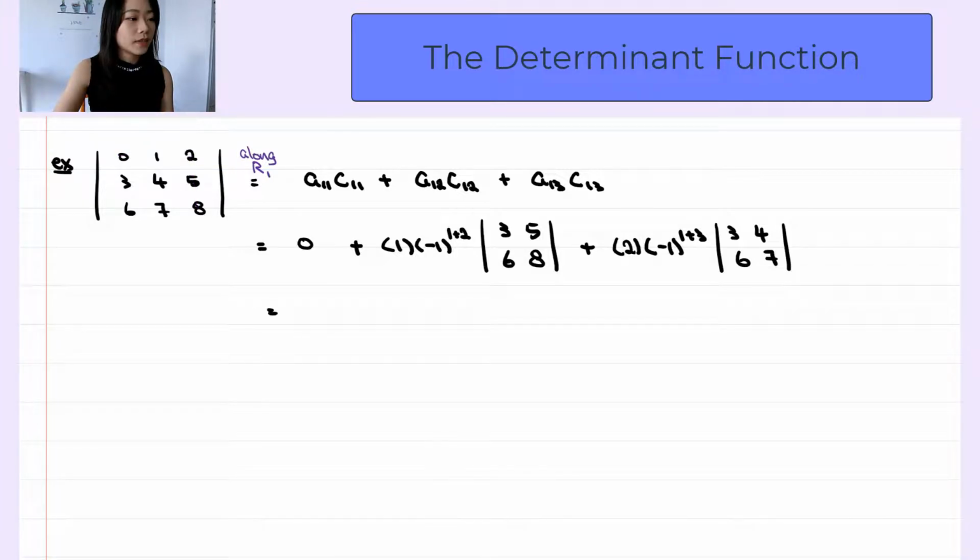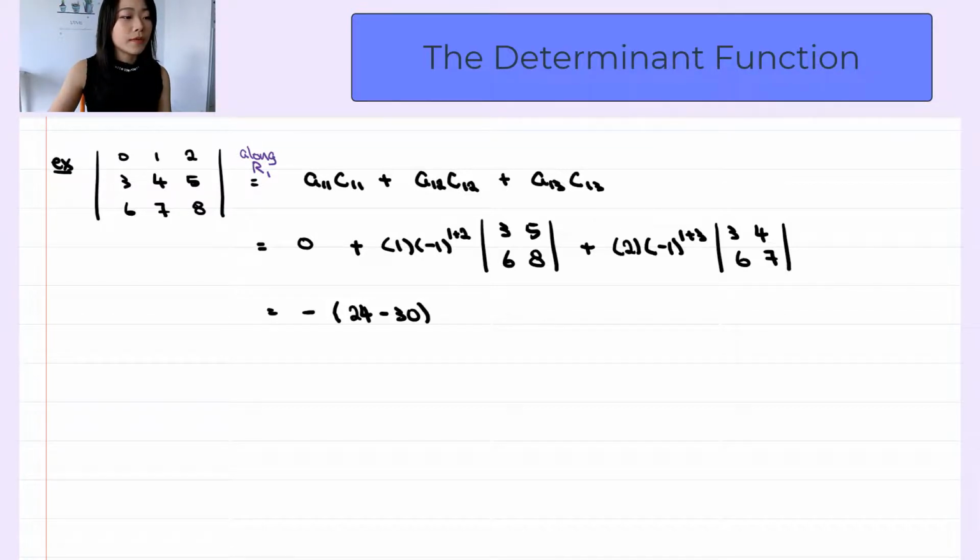And this equals, in the exponent, 1 plus 2 is an odd number, so we'll have a negative sign. And we know how to determine the determinant of a 2 by 2 matrix, which is the product of the opposite sides, so 3 times 8, that's 24, minus the product of the other opposite entries, that is 3.